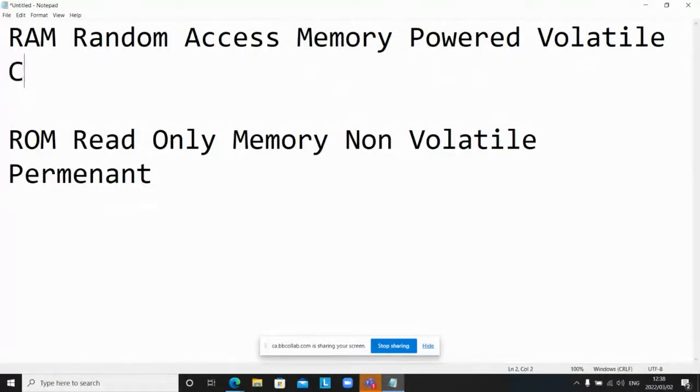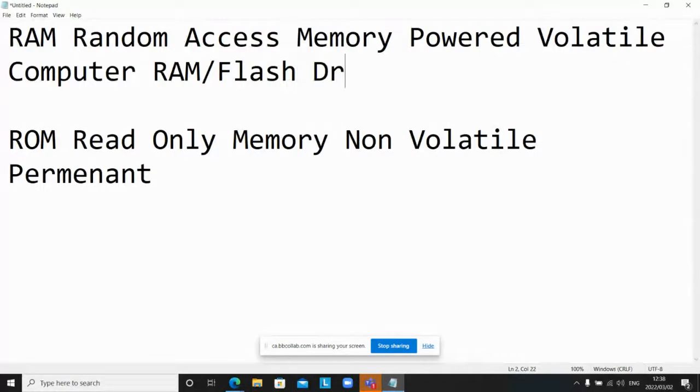So this is computer RAM. Flash drive is a new concept that I'll put down just now.